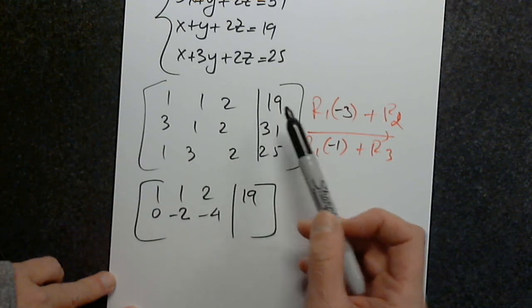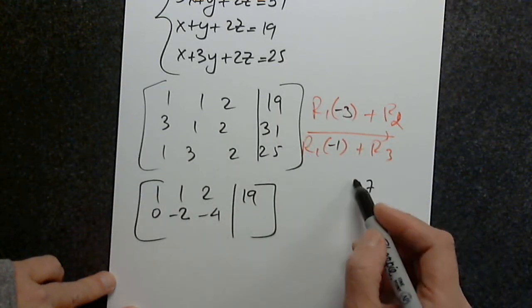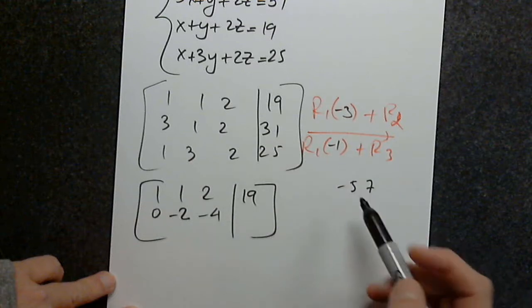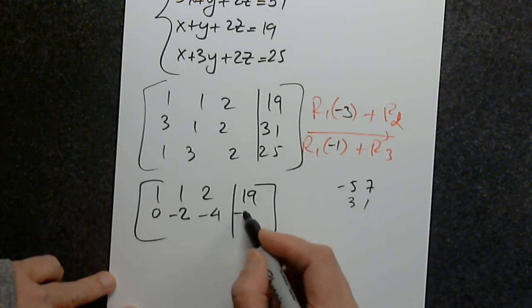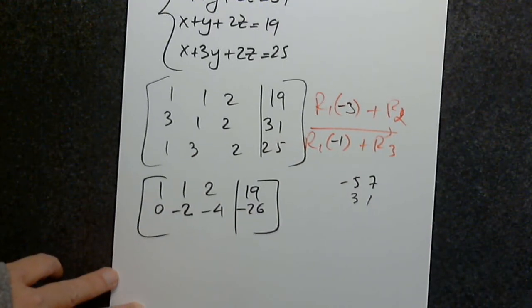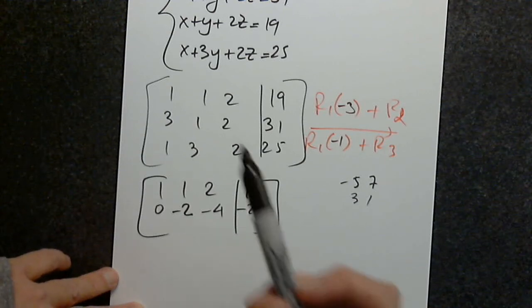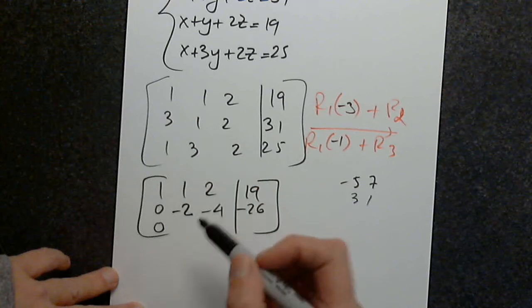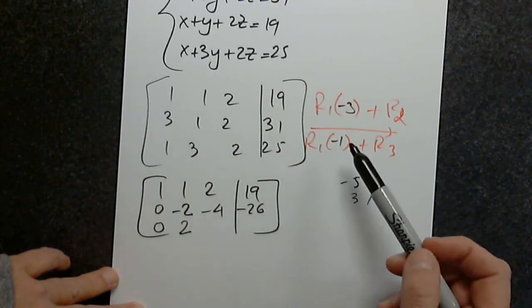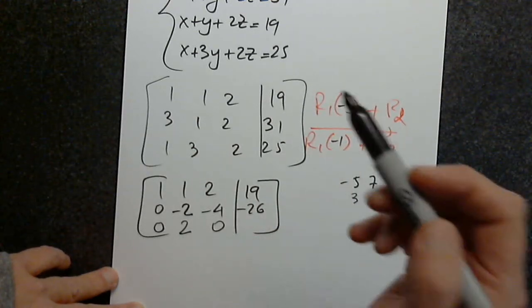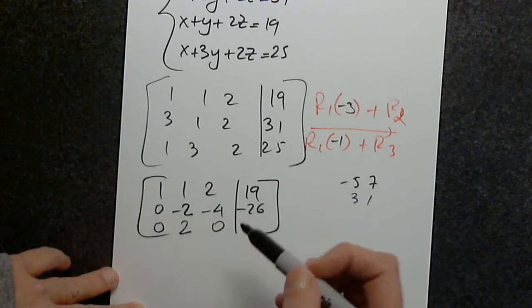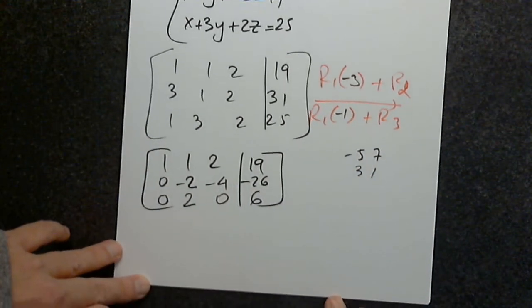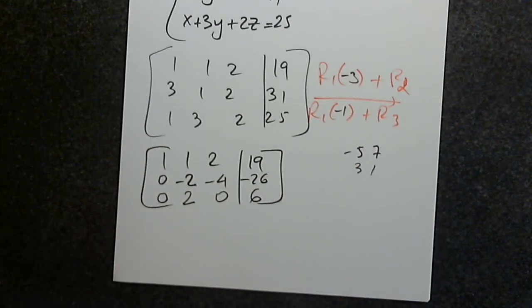And negative 57 plus 31, negative 26. 1 times negative 1 plus 1. 1 times negative 1 plus 3. 2 times negative 2 plus 2. Negative 19 plus 25, 6. Is this okay? Okay, next step.